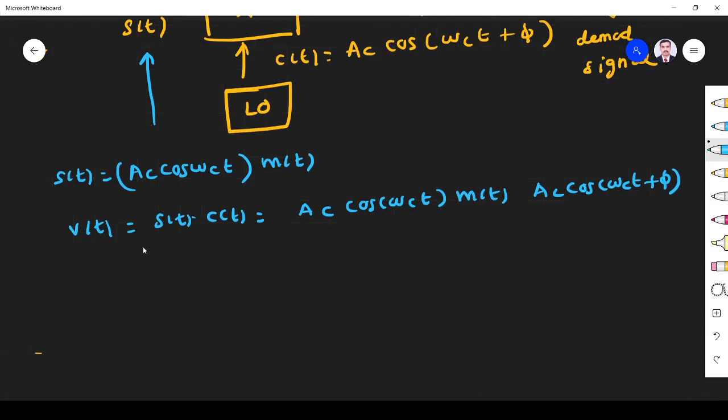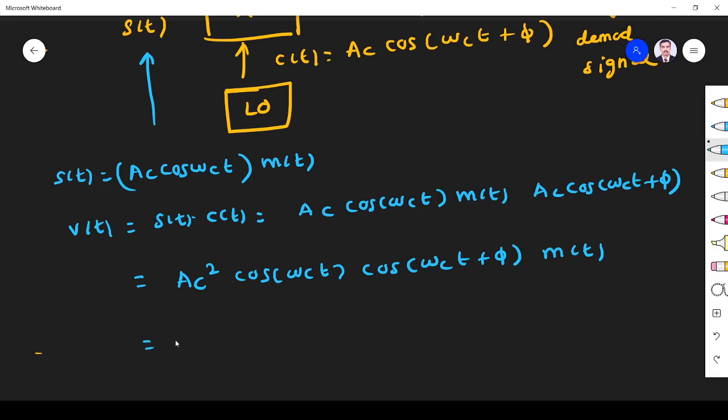If we multiply both, we get A_C squared cos omega_c t into cos(omega_c t plus phi) into M of t.